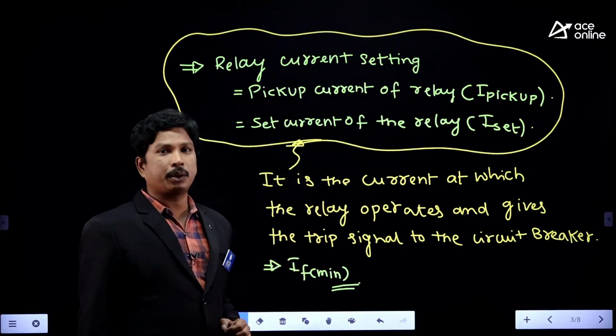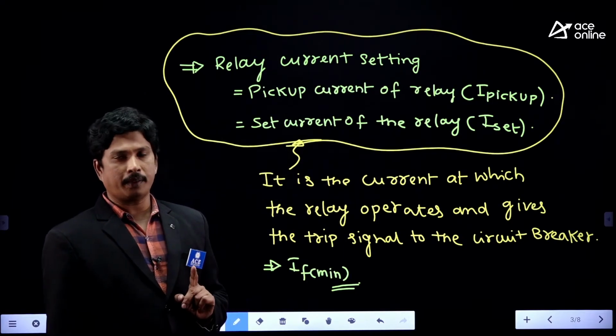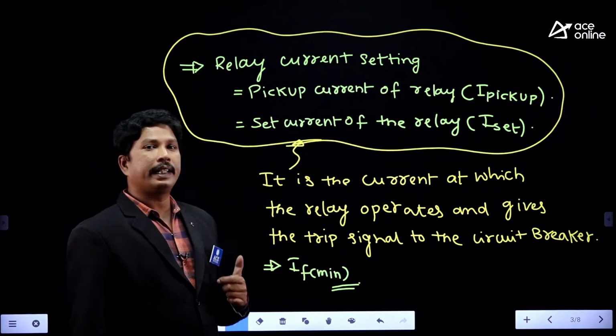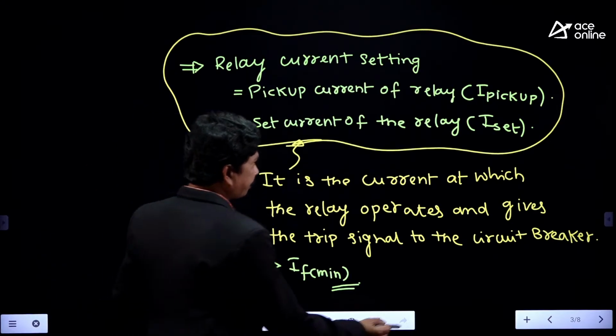At the end of the transmission line, the least severe fault will be the line to ground fault. Therefore, the relay current setting should be chosen for the line to ground fault. Clear?